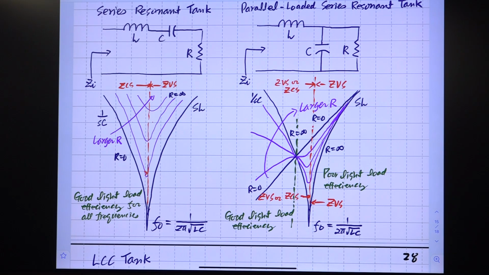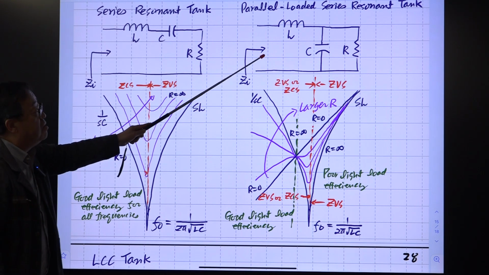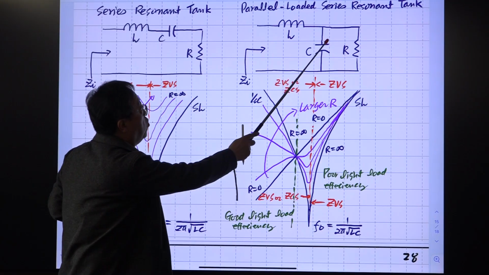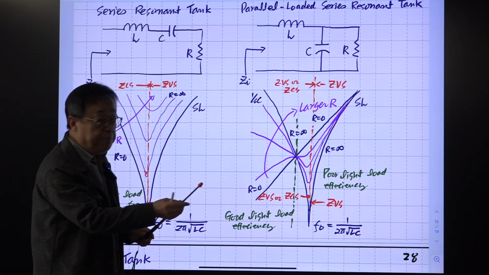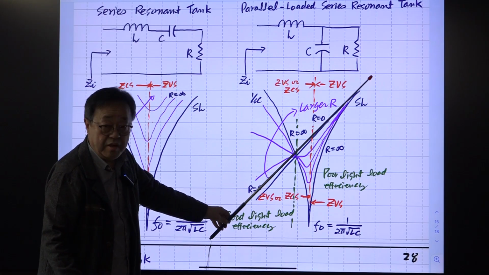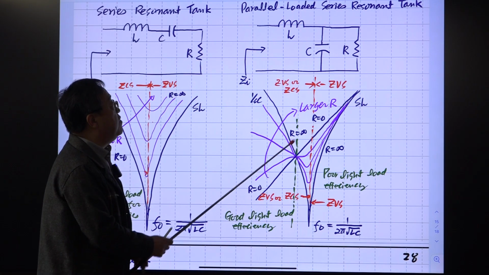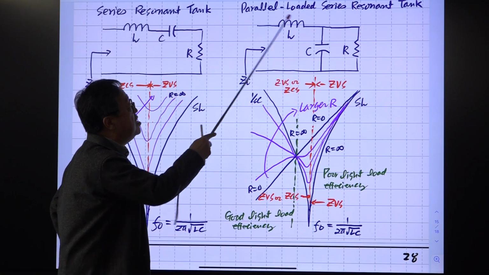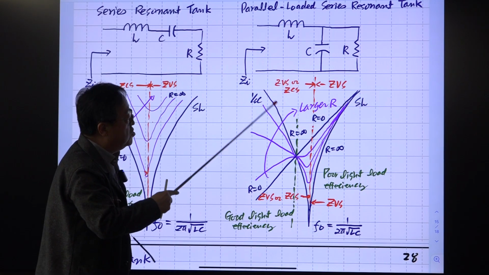You have another simple example, which is this. Assume R is 0, then this is 0, shorted. We have just L. The input impedance of L is this one. Right? And when R becomes infinity, then GI infinity is a series connection of L and C, which is this.